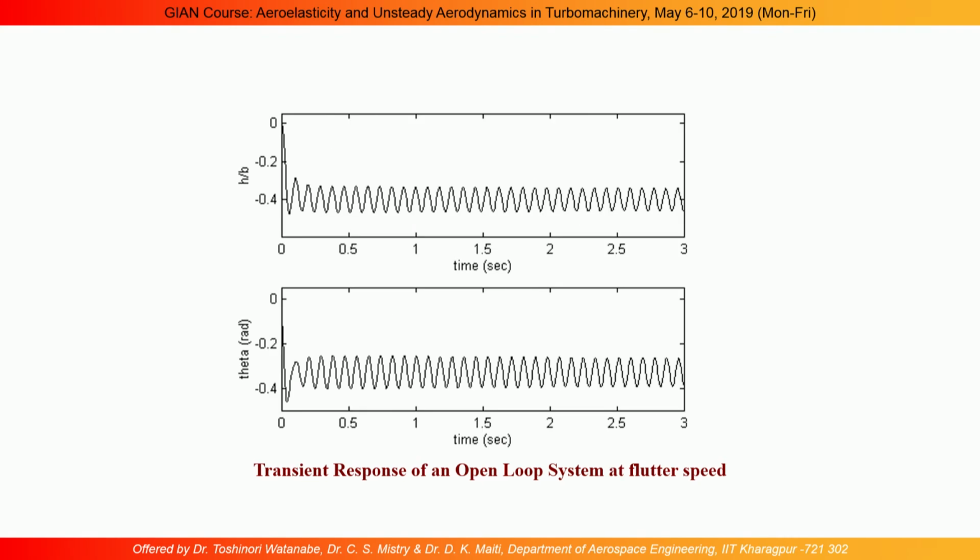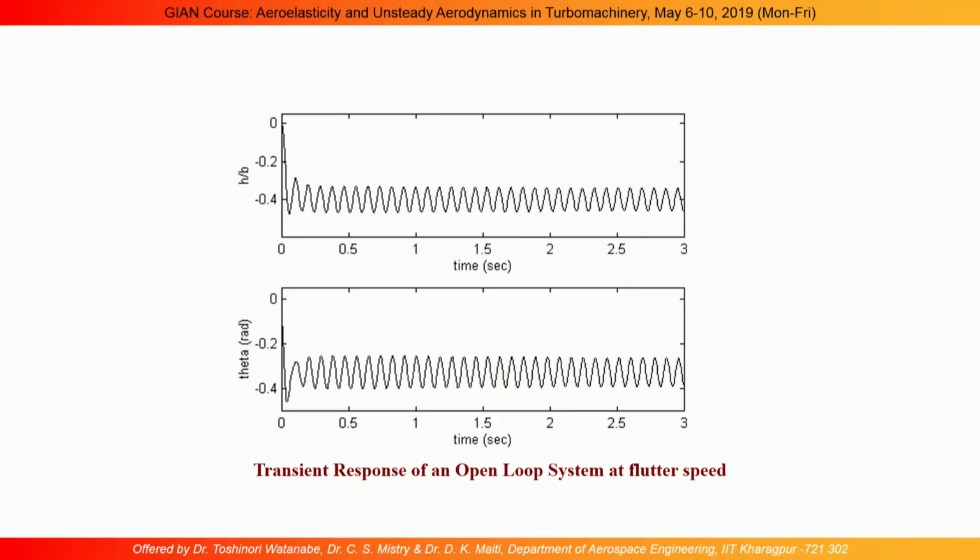If I take the response at the flutter point, I will get a harmonic oscillation, meaning there is no damping. Whatever unit force I give, the response keeps oscillating in that way. Then we can take a velocity higher than the flutter velocity.